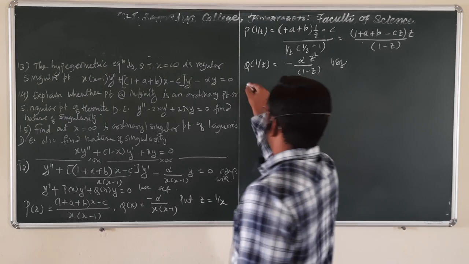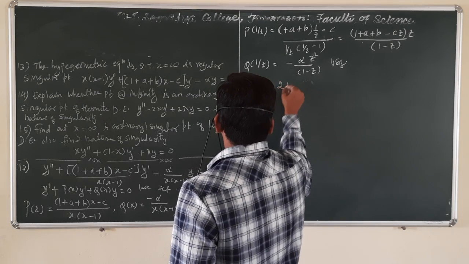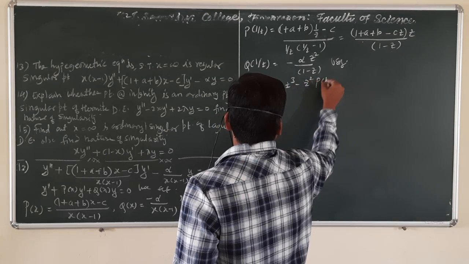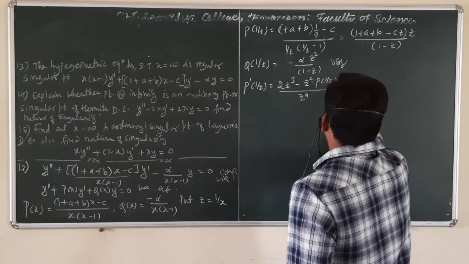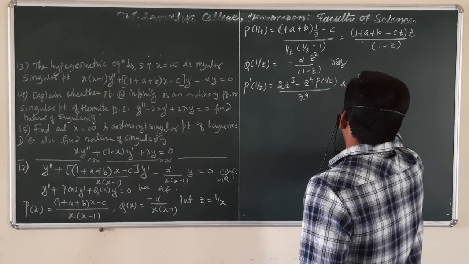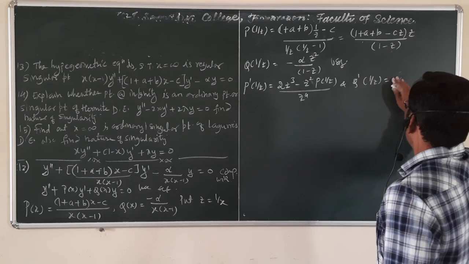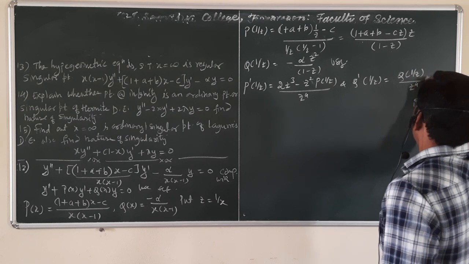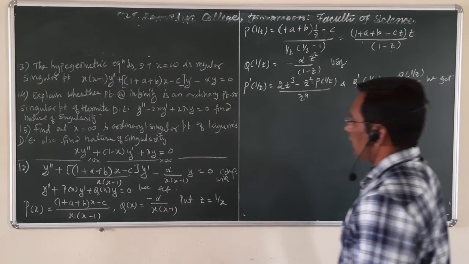Now using the formulas of p dash of 1 upon z, which is (2z cube minus z square p of 1 upon z) divided by z raised to 4, and q dash of 1 upon z as q of 1 upon z divided by z raised to 4, what will we get?